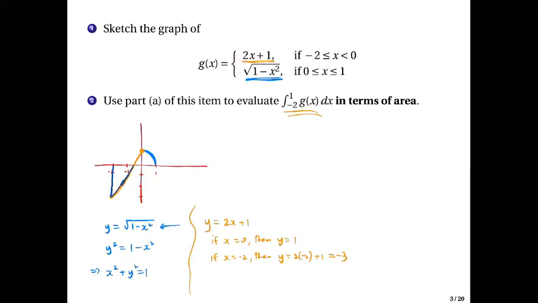You have this triangle in here, you also have this triangle in here, and then you have this semicircle in here. Let us label this as region 1, this guy here as region 2, and this guy here as region 3.